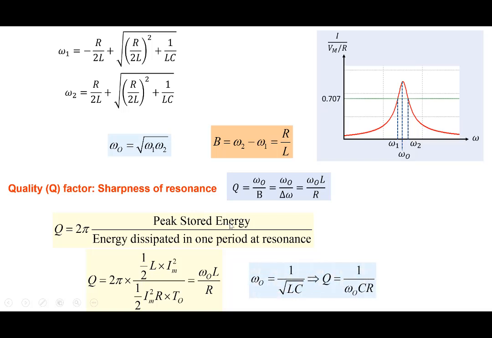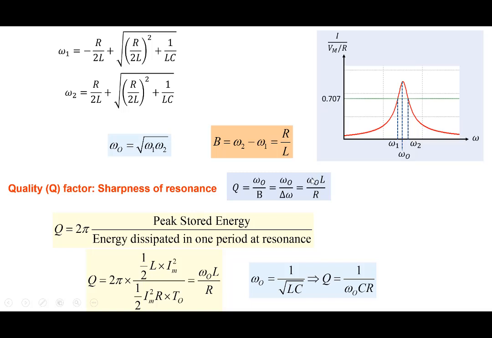Of course, using the relationship, you can also express Q equal to 1 by omega naught C times R. According to this expression also, you can see that you want a small value of resistor in order to obtain a large value of Q. And of course omega naught L, the reactance, should be large.